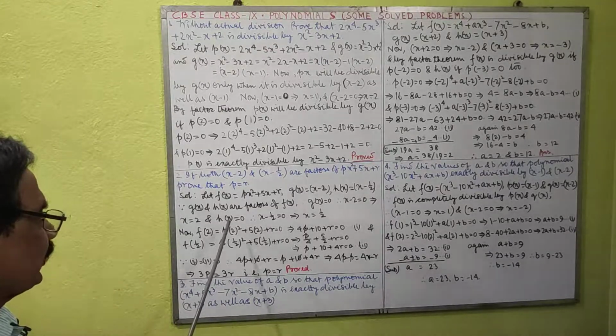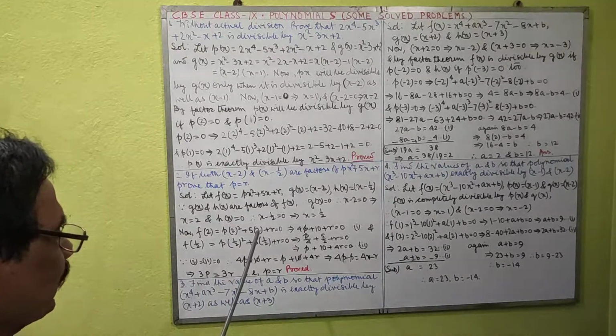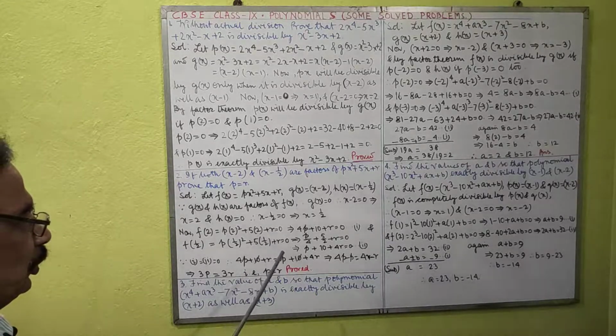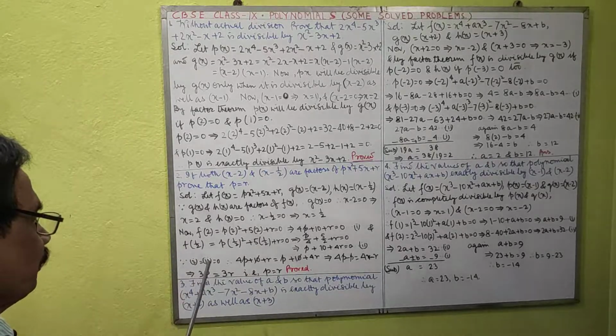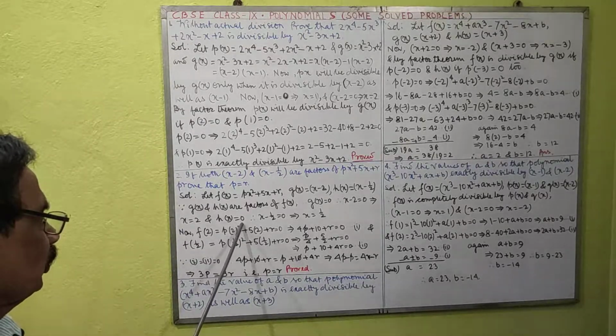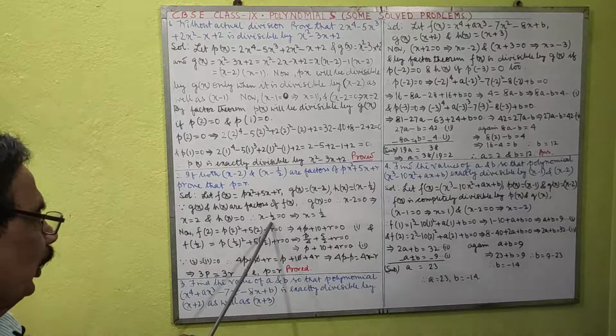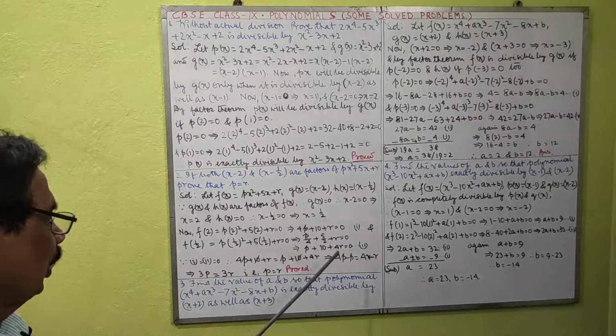g(x) and h(x) are factors of f(x), therefore g(x) = 0, that is x − 2 = 0 and x = 2. Also h(x) = 0, therefore x − 1/2 = 0, that is x = 1/2.